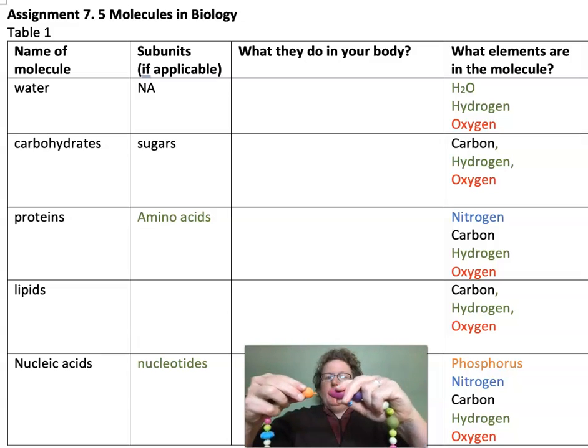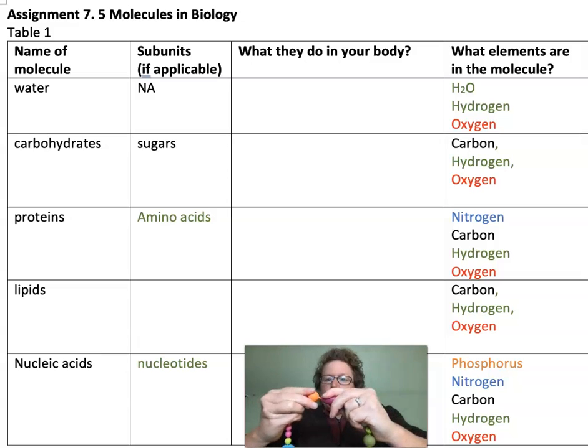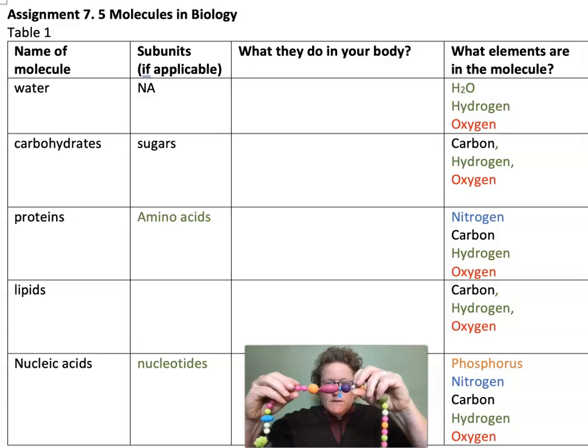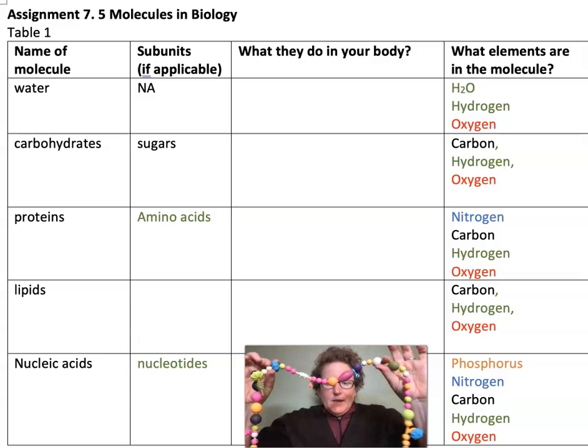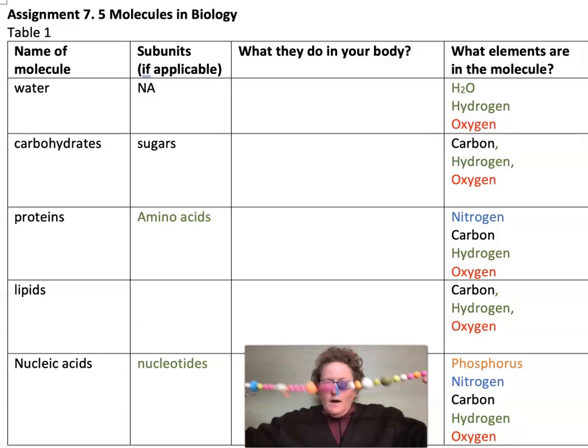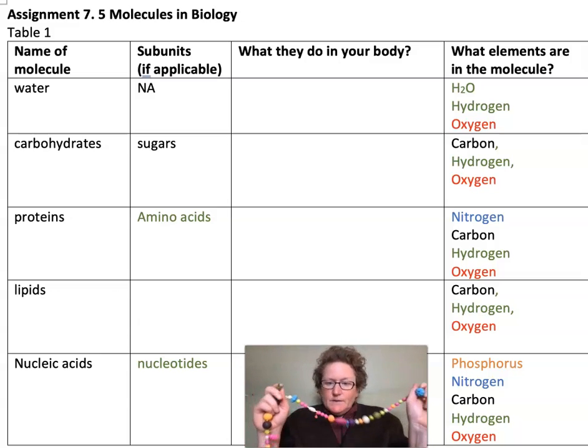They have a backbone that connects with the backbone of other amino acids in a dehydration reaction and makes a long, complicated molecule that folds in a very particular way based on the side chains and the charges in those amino acids. And that's what we're doing a lot of lab on.